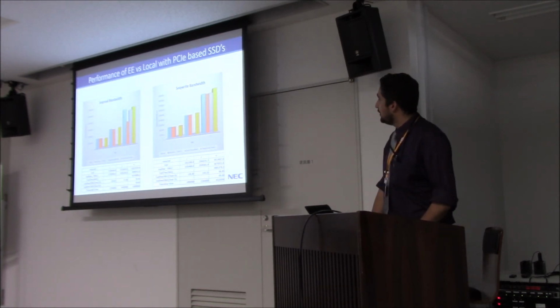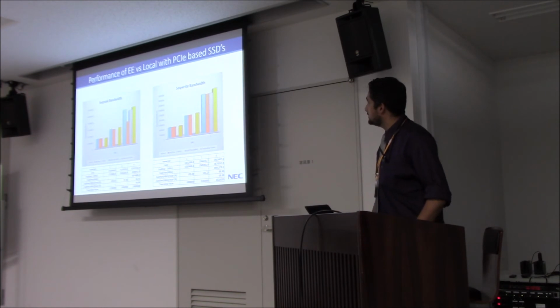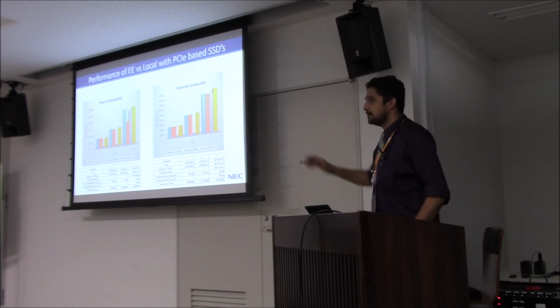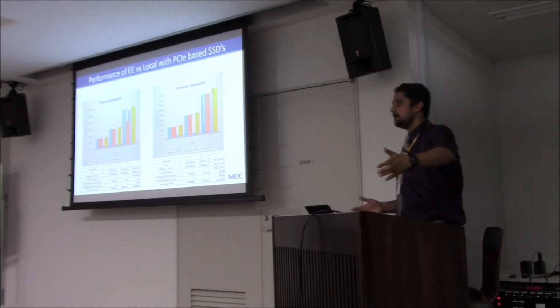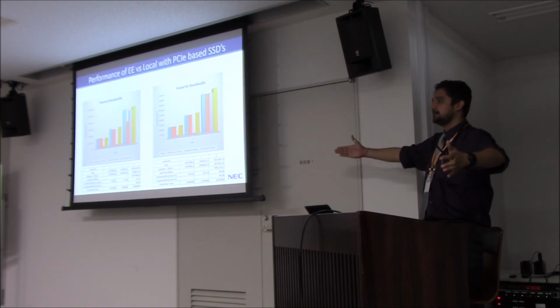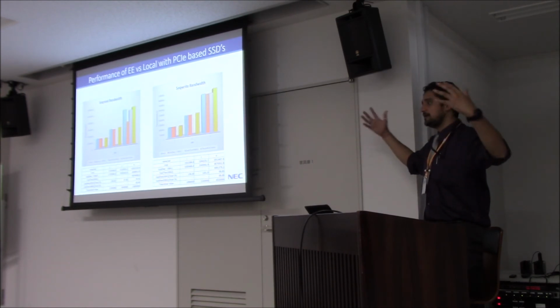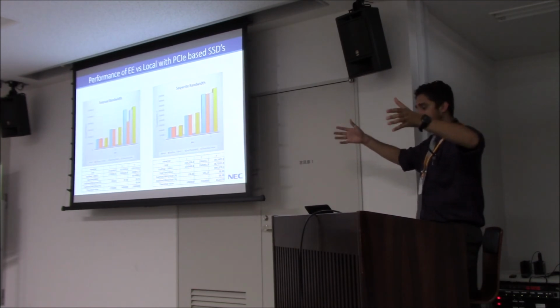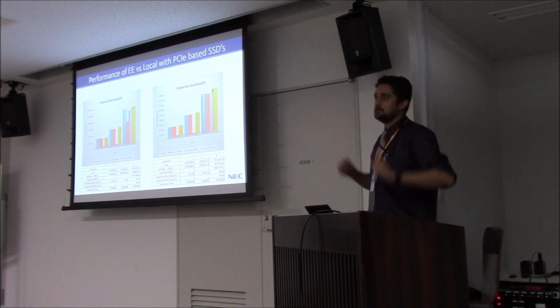So this is the performance of ExpEther versus local. What we see is that 96% efficiency is achieved. We installed the SSD in the local slot, and we installed the SSD in the remotely located IO box, and we ran the same read and write operations on both, and we are able to achieve 96% to 100% efficiency.